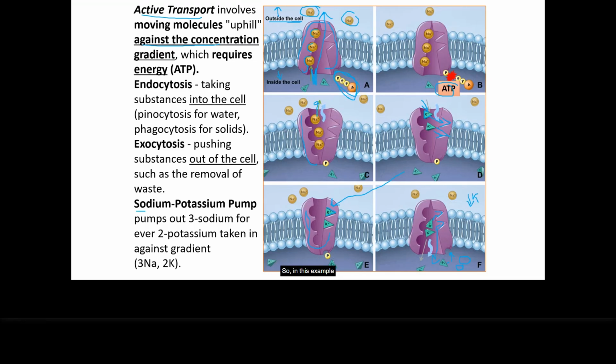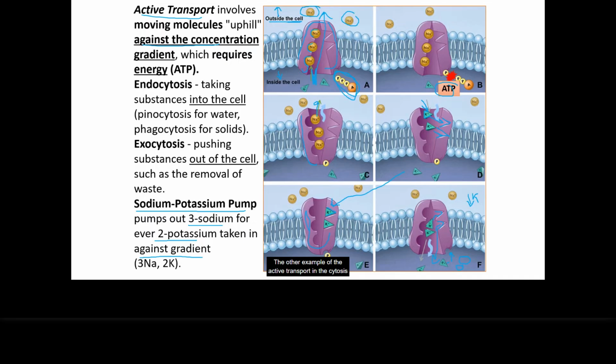This is an example of how the sodium-potassium pump works. It pumps 3 sodium and 2 potassium, moving them against the concentration gradient.